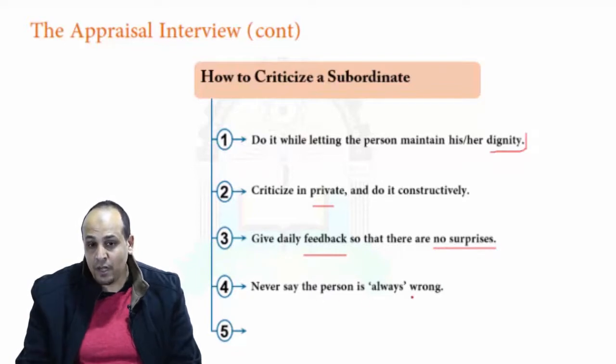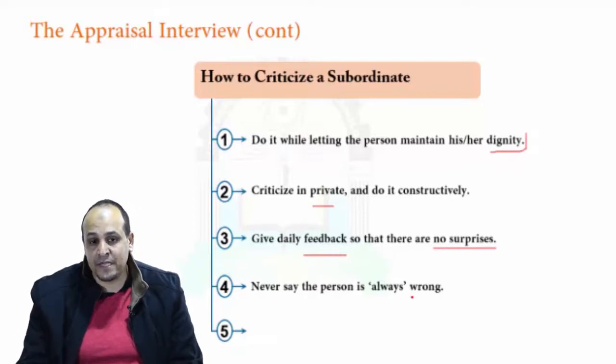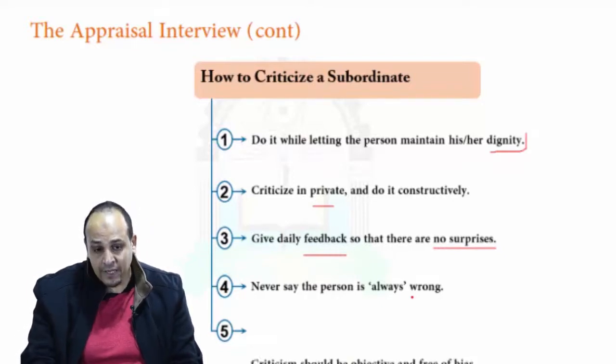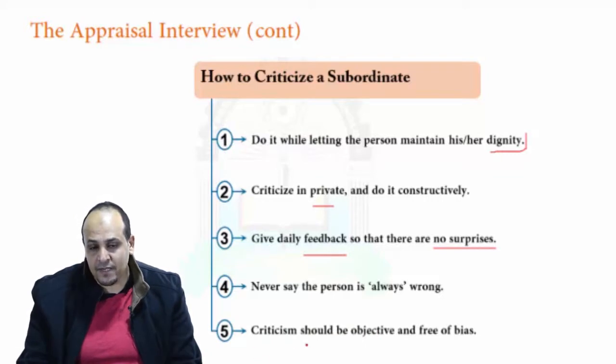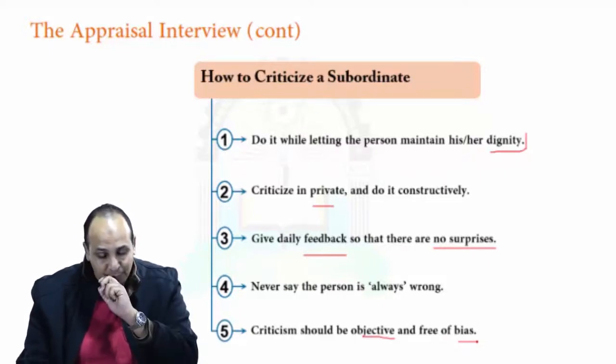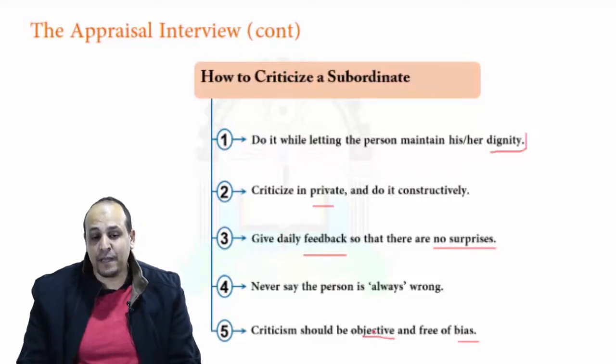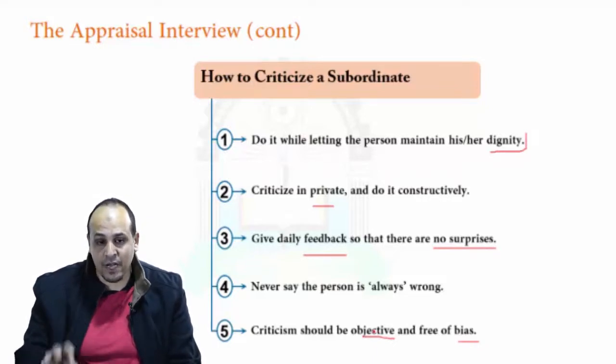Never say the person is always wrong. We have the environment; sometimes contingencies that can affect the performance of the employees can be within the organization itself. Finally, criticism should be objective and free of bias. So the subordinate who is being criticized should believe that what is given to him as criticism is just based on the job itself.